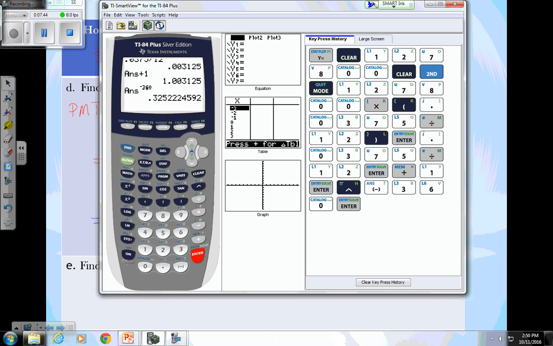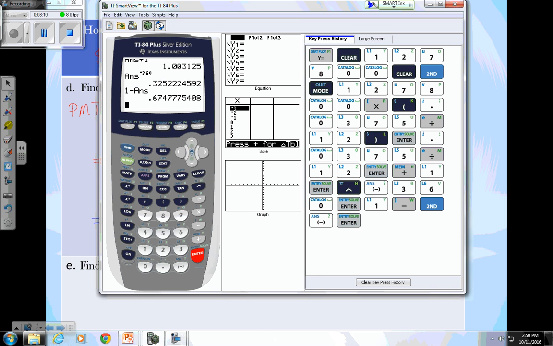Now, here's the tricky part. This huge decimal needs to be subtracted from 1. So I do 1 minus second answer. This little answer thing down there. Okay, so there we go. That worked. 1 minus the answer, and press enter.